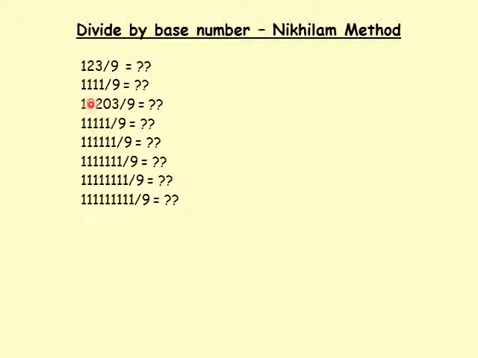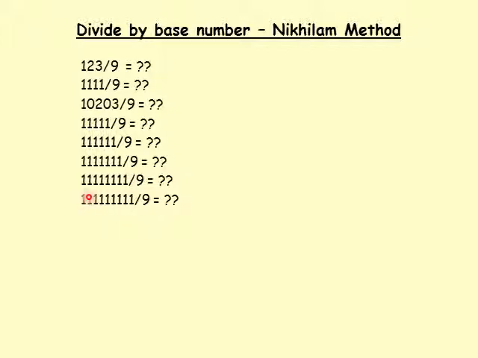So 1133, remainder 6. 11111 divided by 9 is 1234, remainder 5. Now 6 ones is 12345, remainder 6. 7 ones are 123456, remainder 7. 8 ones is 1234567, remainder 8.